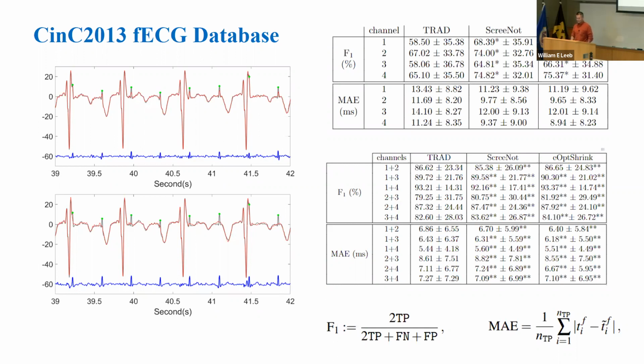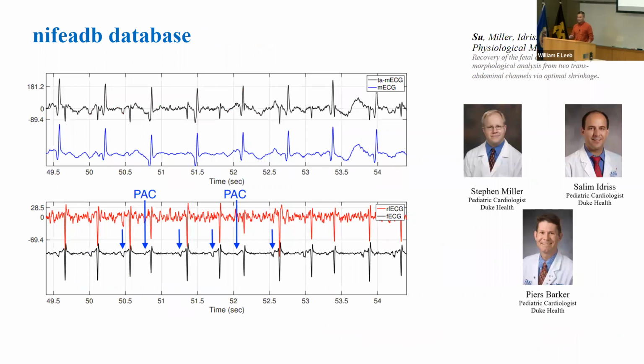But remember, we try to recover the morphology, the P and T waves here, right? So if we only take the top singular value using screen-out, the morphology might be different. So we need to apply the optimal shrinkage. I mentioned a simulation, which I don't show here, that shows we really have a better recovery of the morphology.